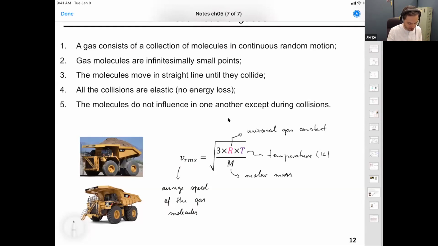So imagine here we have a truck not loaded with anything, and we are going to compare the speed of this truck with a truck loaded with dirt. Of course, the truck that is lighter will have a higher speed compared with the truck that is heavier. Therefore, a decrease in the molar mass of the gas will result in an increase in the speed of the gas. Okay, they are inversely proportional.